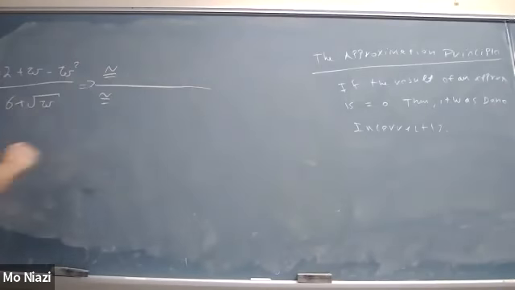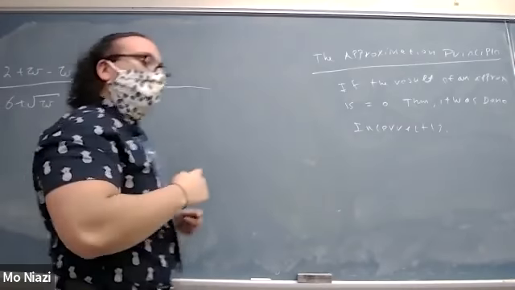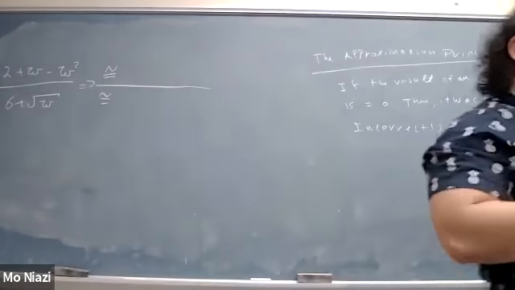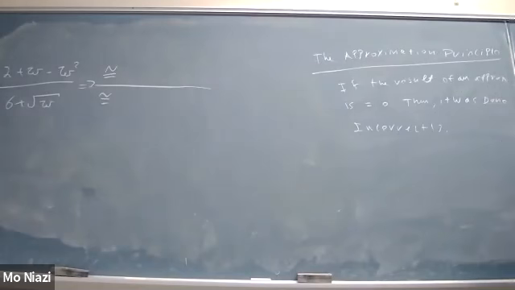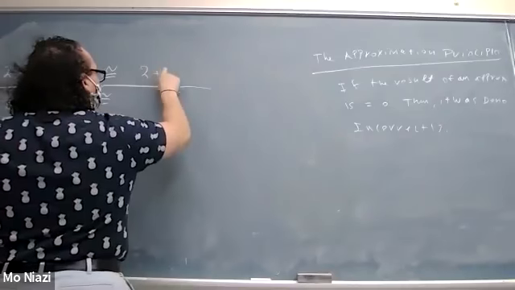How will we approximate this numerator here? 2. Don't just jump straight to 2. Let's work level by level, right? So working level by level, what do we get? 2 + omega, right?